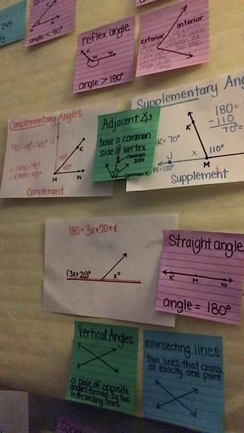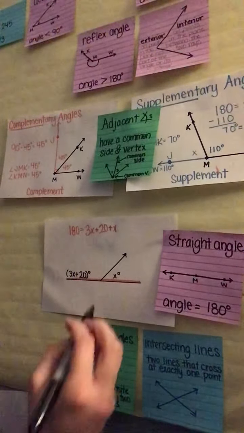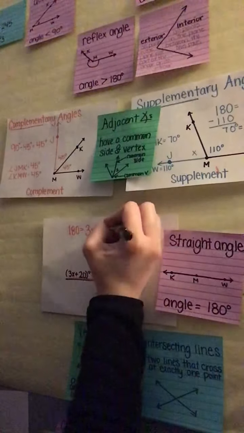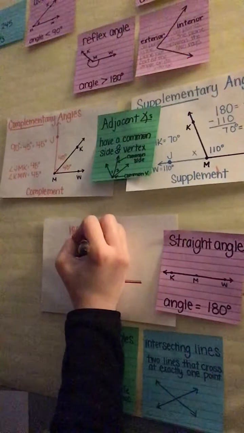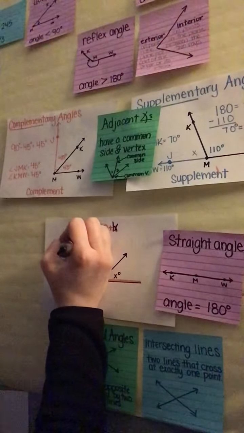Now, first things first, I'm going to switch to my Sharpie so that you guys can see it a little bit better. First things first, I've got to put together my like terms. 1x plus 3x equals 4x. I bring down my 20 and I've got my 180.